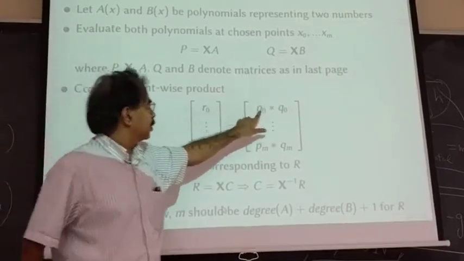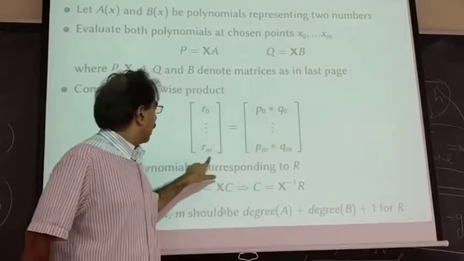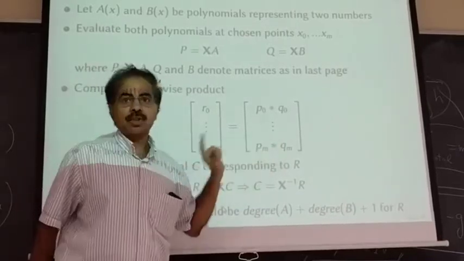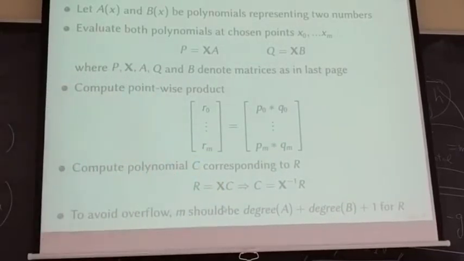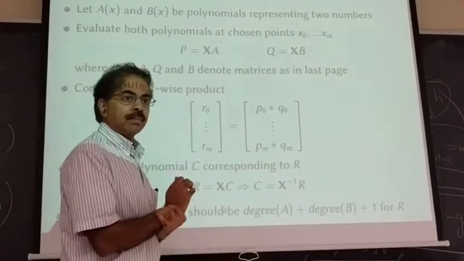So R0 is P0 times Q0, R1 is P1 times Q1, all the way to Rm equals Pm times Qm, right? Just like here, we are doing a pointwise operation. Okay, so we are done with that pointwise operation, and so we have R.